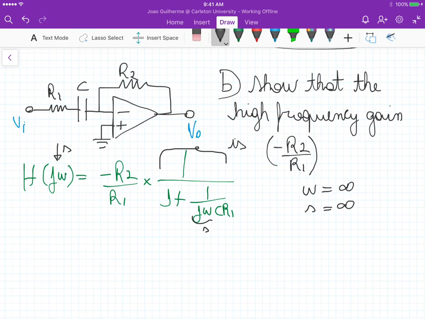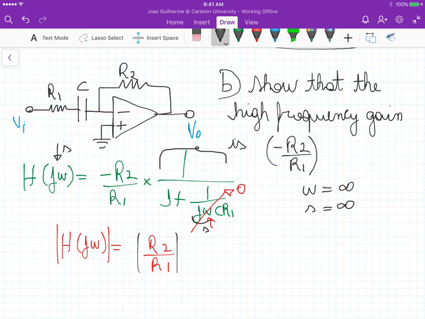it goes to 1, because this term here goes to 0 as frequency goes to infinity, and then we get that H of j omega is equal to minus R2 over R1. If you want to be more precise, we can take the magnitude, and that would be R2 over R1.